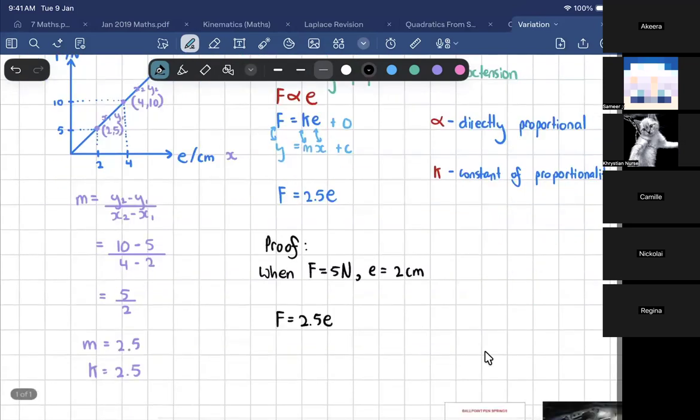And so let me show you something, Hannah. If I were to apply a force of 5 newtons, I'd replace F for what? If I apply a force of 5 newtons, what would I replace F for? What is the value for force if you're applying a force of 5 newtons?